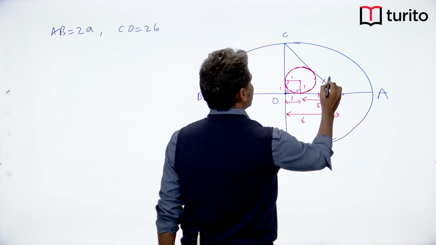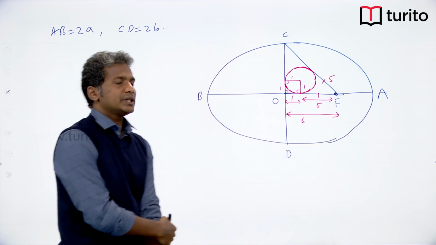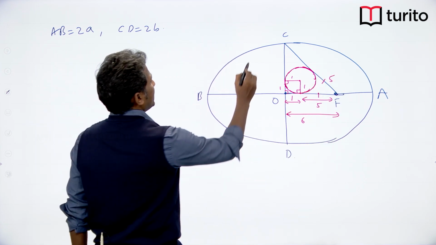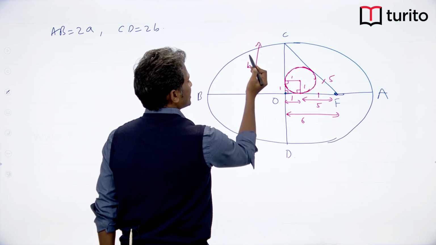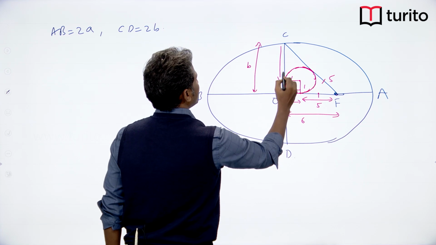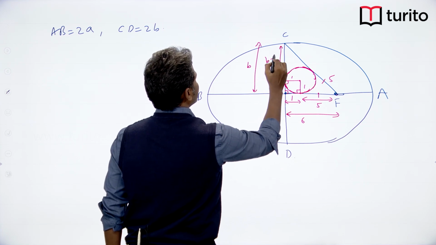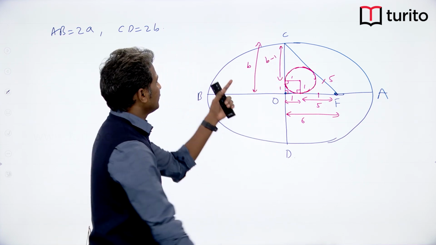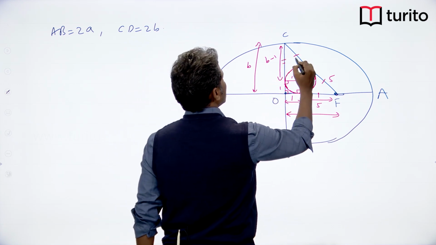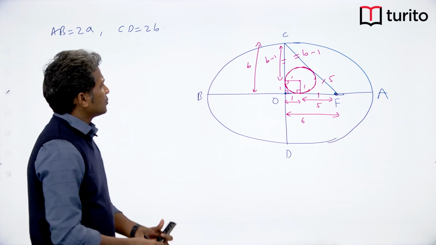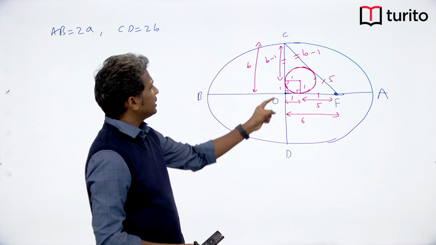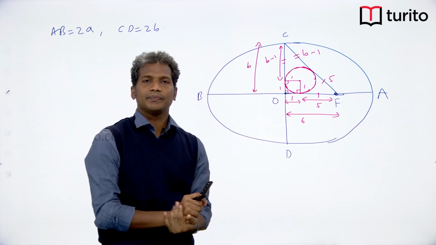So, if this is 5 units, this also becomes 5 units. If I take the total length of the semi-minor axis as B, then this length will become B minus 1. If this is B minus 1, then this length is also equal to that, so this becomes B minus 1. So, using pure geometry, I have simplified this into this form.